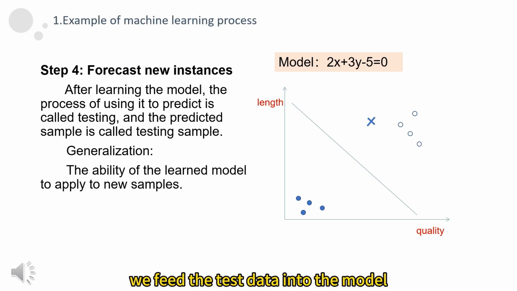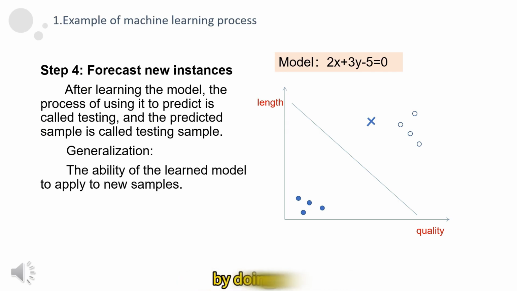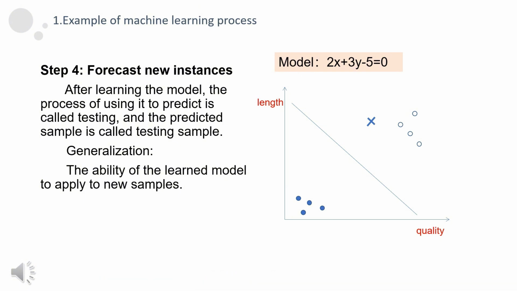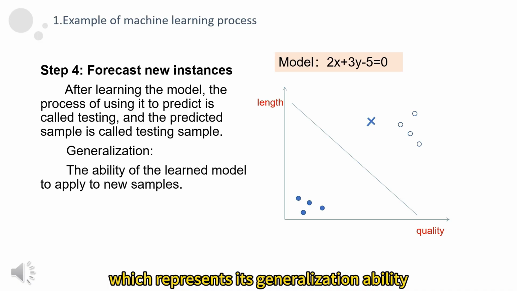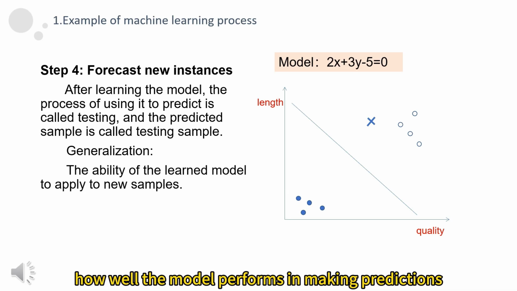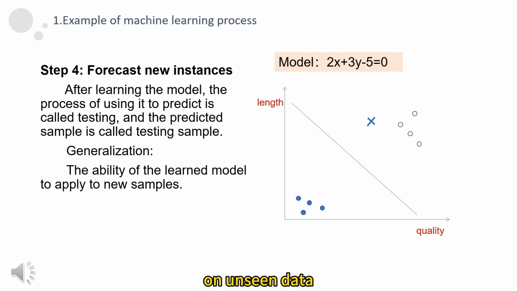We feed the test data into the model and compare its predictions with the actual results. By doing this, we can determine the accuracy of the model on the test set, which represents its generalization ability. The accuracy tells us how well the model performs in making predictions on unseen data.